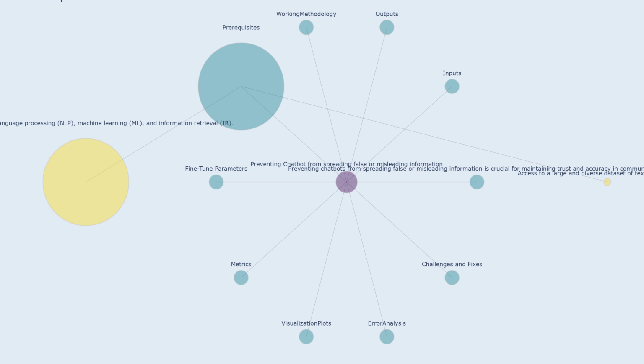Expertise in natural language processing (NLP), machine learning (ML), and information retrieval (IR) is essential for developing and implementing effective misinformation detection and mitigation strategies. This expertise is required to design algorithms and models that can accurately identify and filter false information.